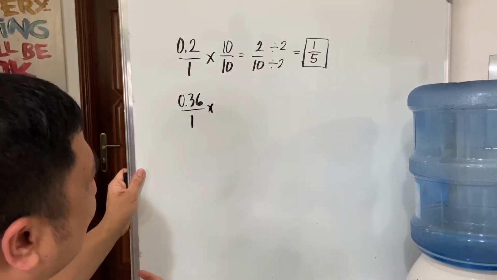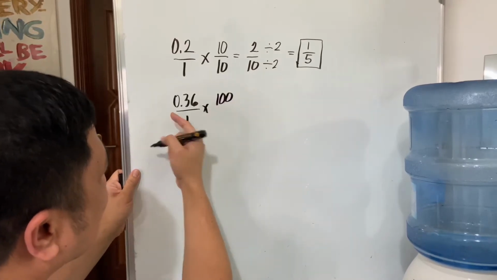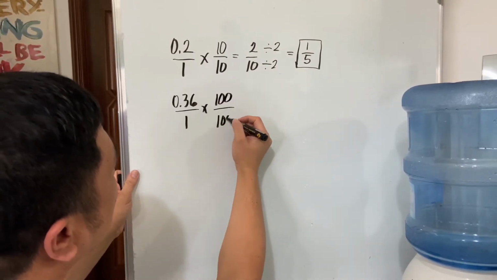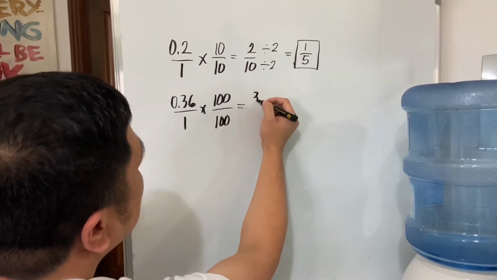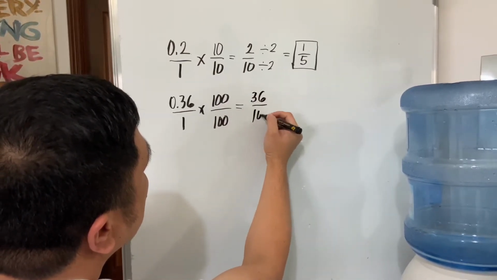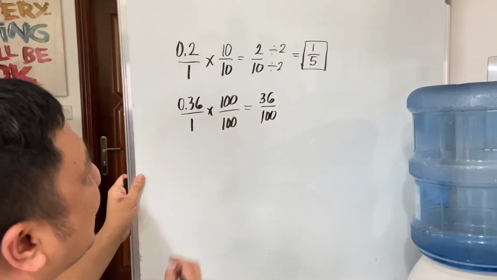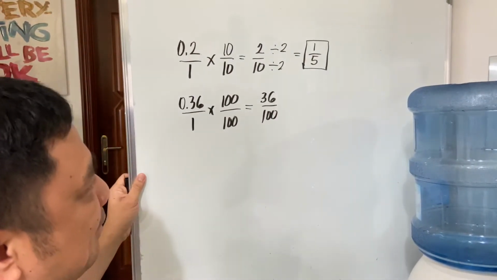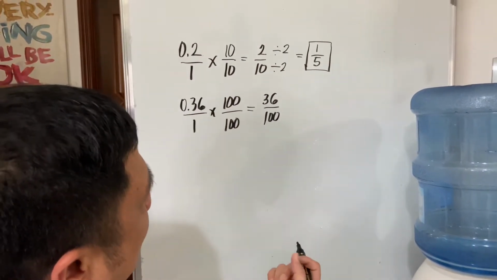Multiply both numerator and denominator by 100 to get rid of the decimal. So in this case, you'll have what? 36 over 100.